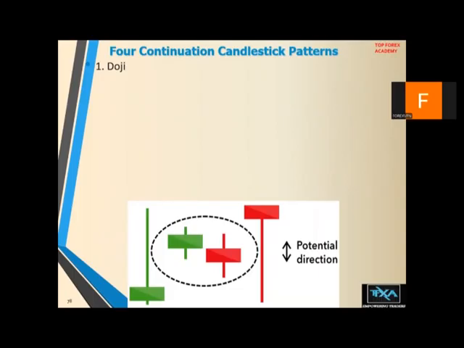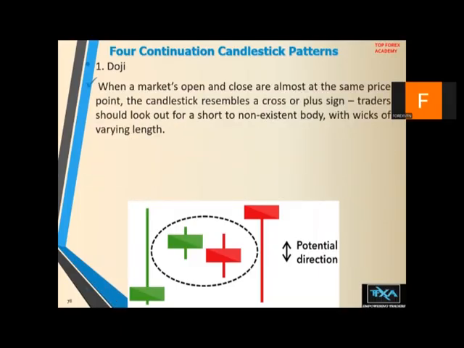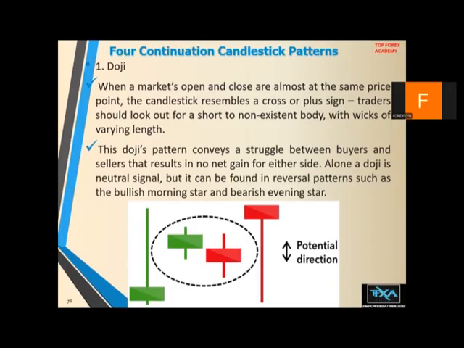Here is a doji. You can see how a doji looks. We've shown you before, but when you keep seeing a doji like this, it indicates continuation. When the market's open and close are almost at the same price points, the candlestick resembles a cross or a plus sign. Traders should look out for a short to non-existent body with wicks of varying lengths to identify a doji.